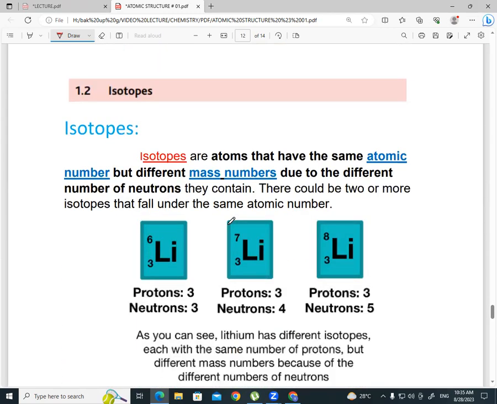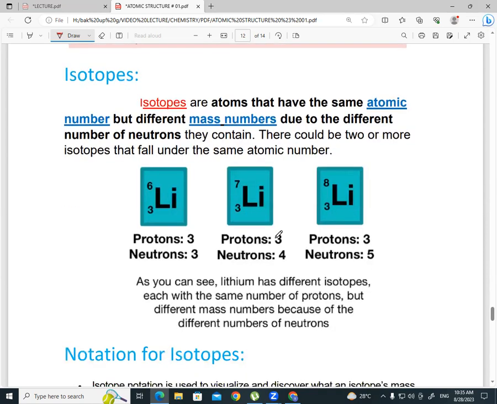Now the next content is isotopes. What are isotopes? Isotopes are atoms that have the same atomic number but different mass numbers due to the different number of neutrons they contain. There could be two or more isotopes that fall under the same atomic number.